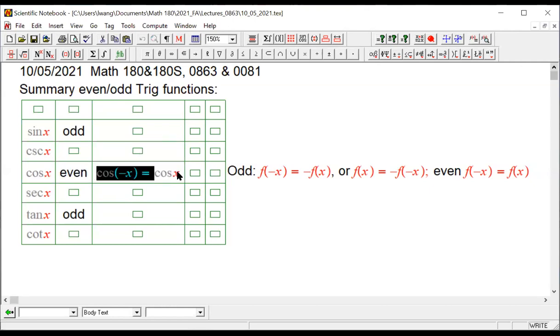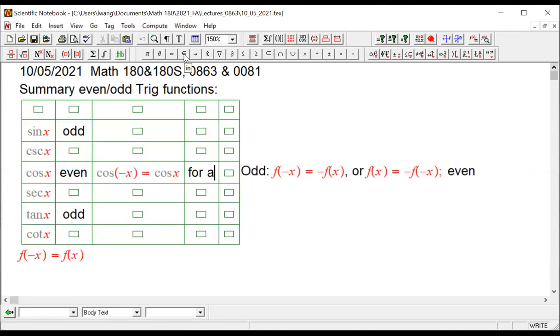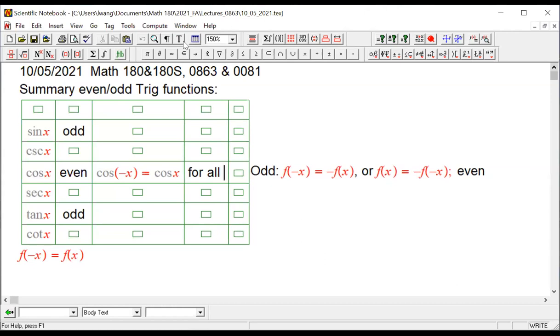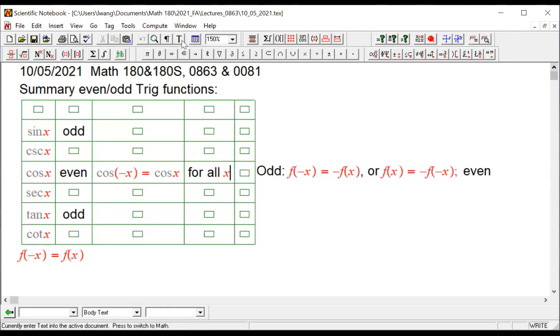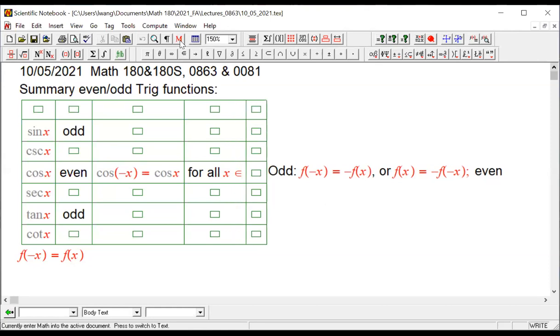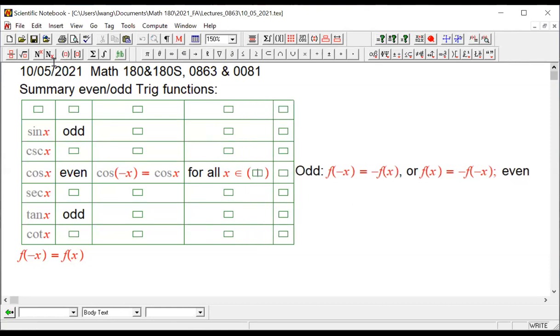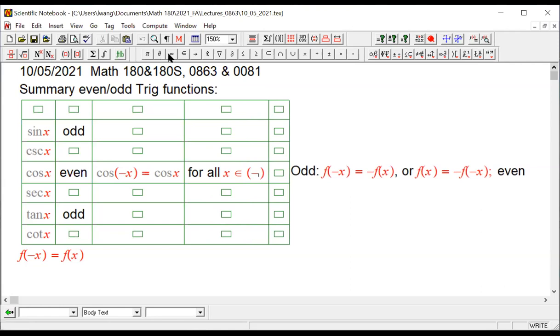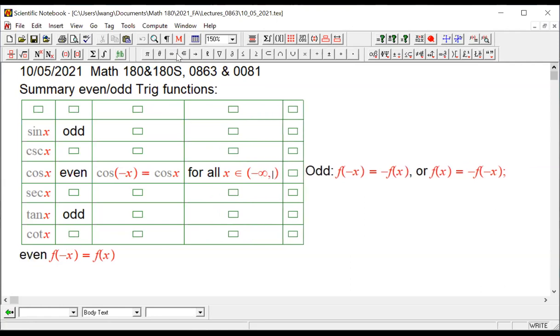Even function means that is true for all x in the domain. The domain of cosine is from negative infinity to positive infinity.